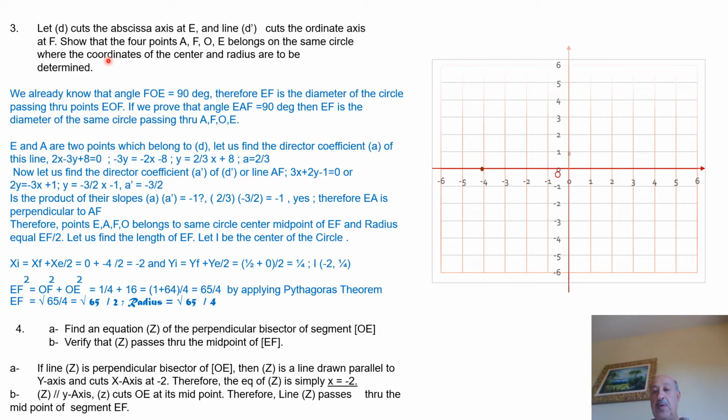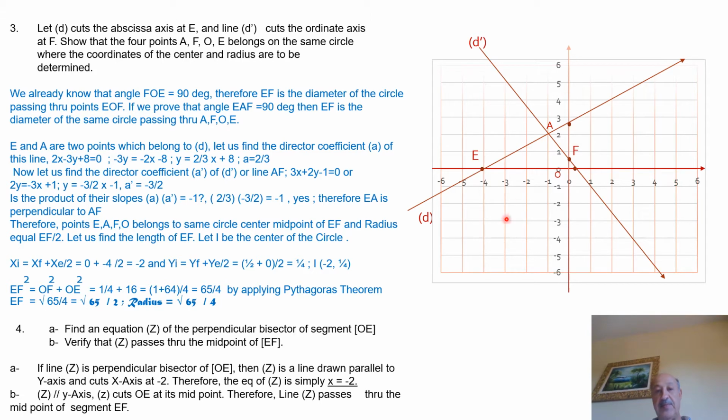We'll draw again D and D prime, and then we locate E as the intersection of line D with the x-axis, and F as the intersection of D prime with the y-axis. The question is, show that the 4 points A, F, O, E belong to the same circle, where the coordinates of the center and the radius are to be determined.